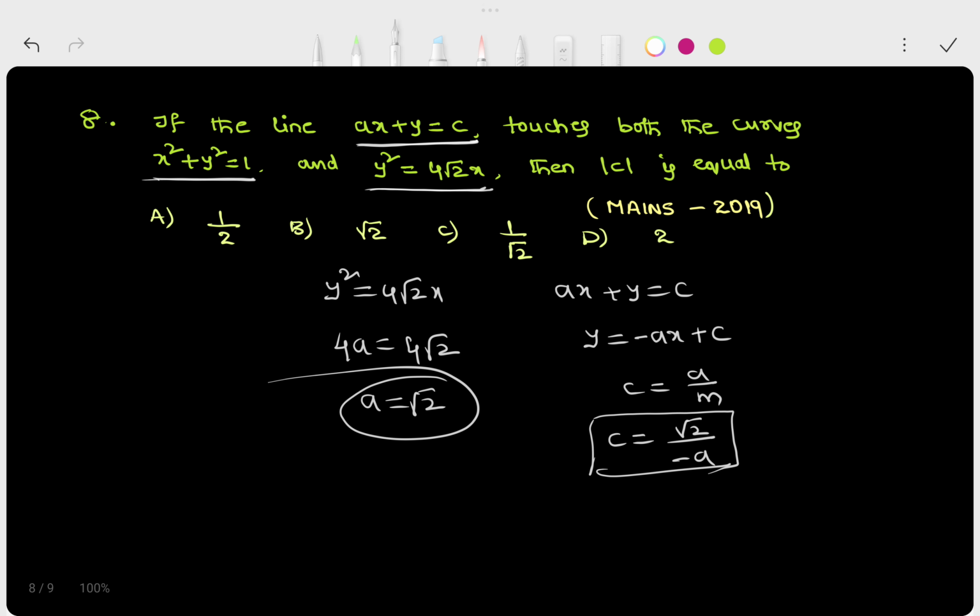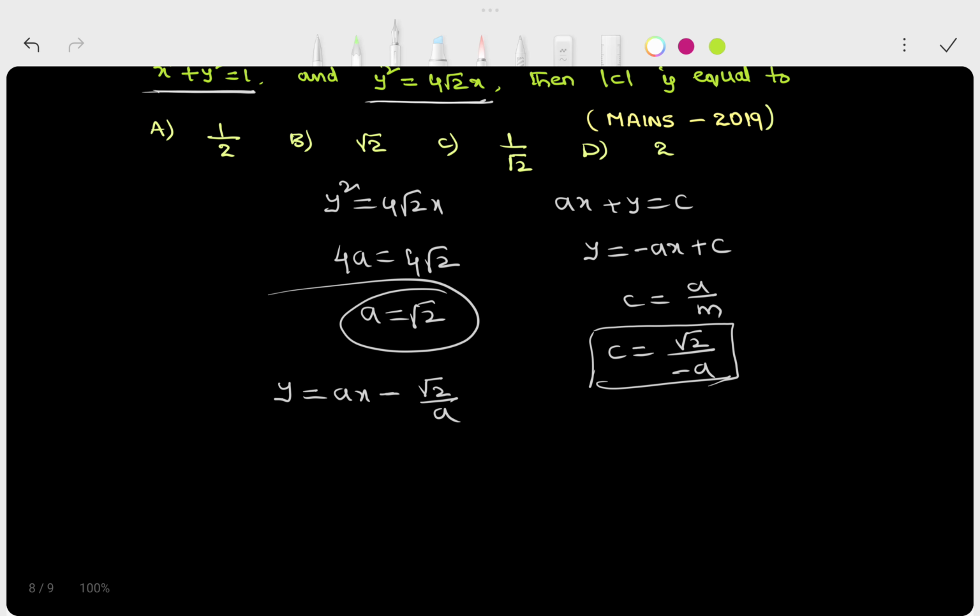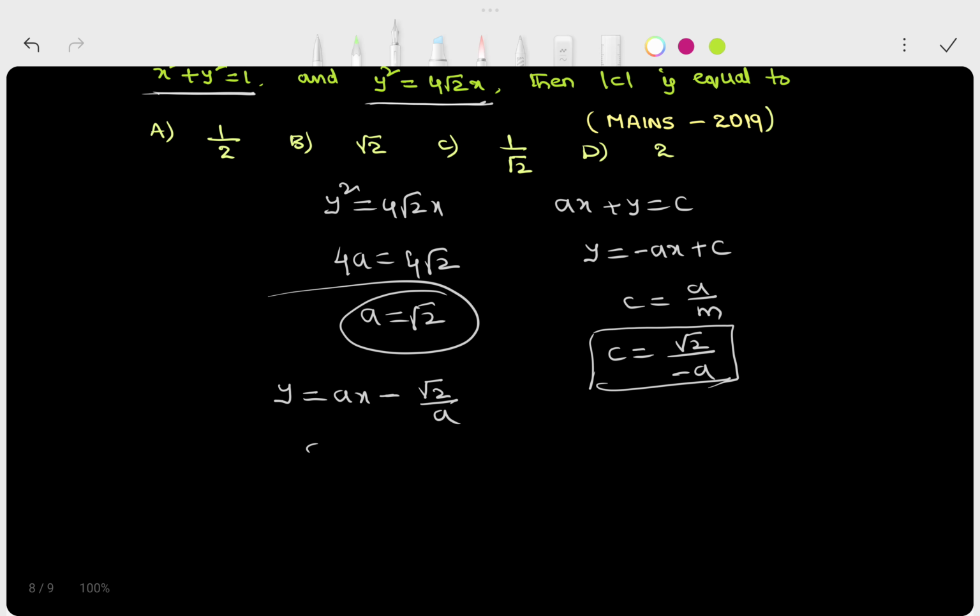This one you substitute in that one. Therefore, the line equation will be y is equal to minus a into x, and c value is minus root 2 by a. Understand? Now, after this one, if you take that LCM, a square into x minus a into y minus root 2 is equal to 0.